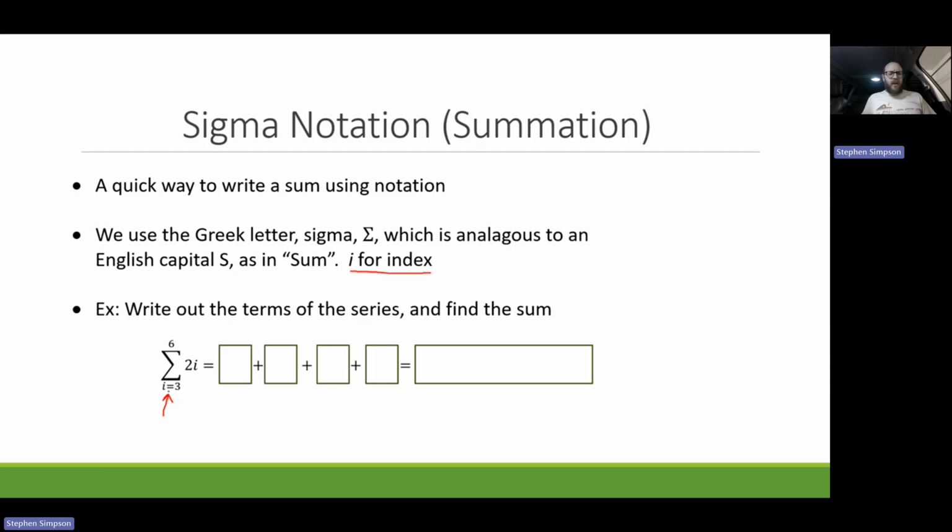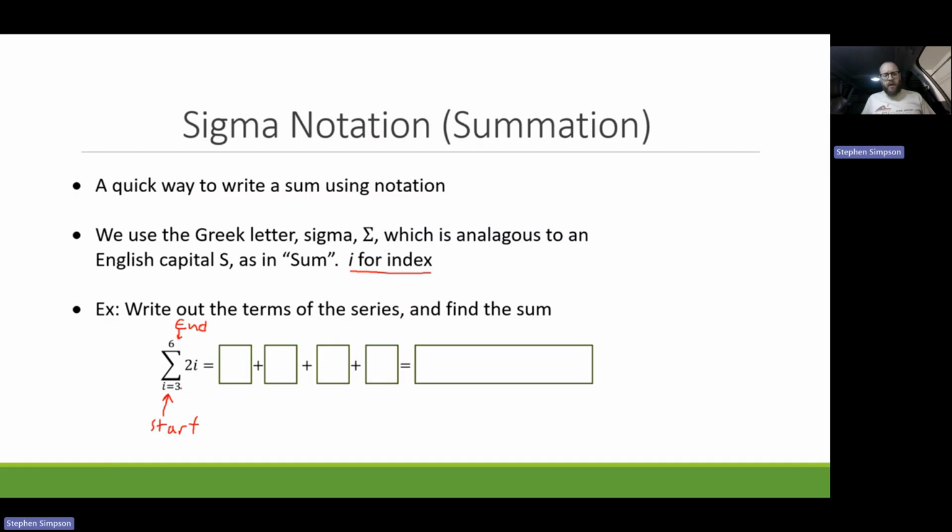So this index tells us which term in the sequence or series we're talking about. The number on the bottom is the index we're going to start at. The number on the top is the index we're going to end at. And then we add up all of the numbers in between.